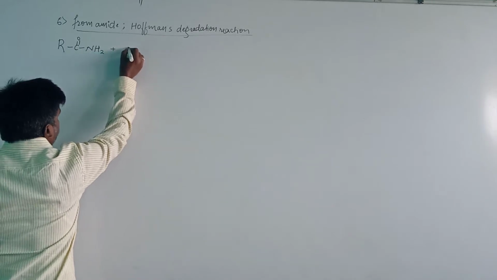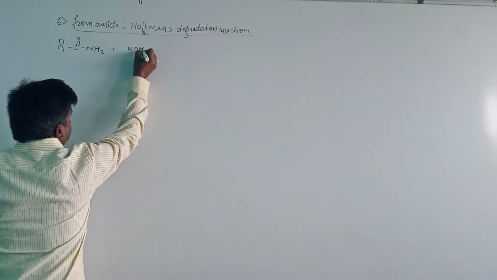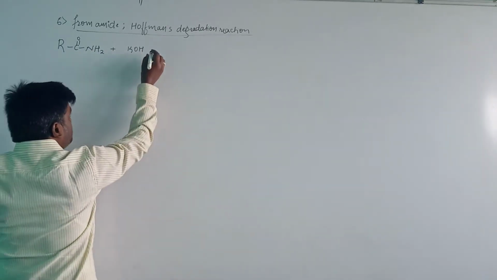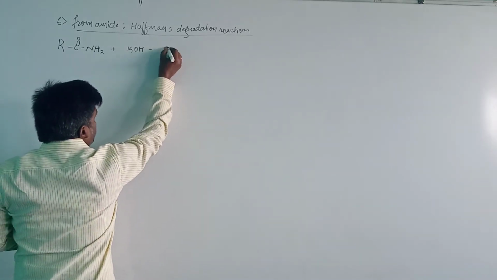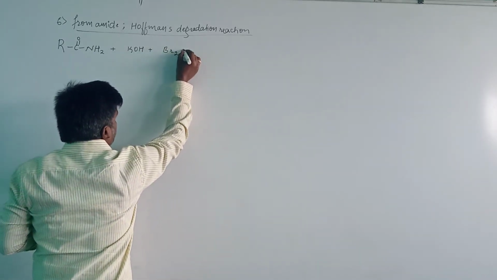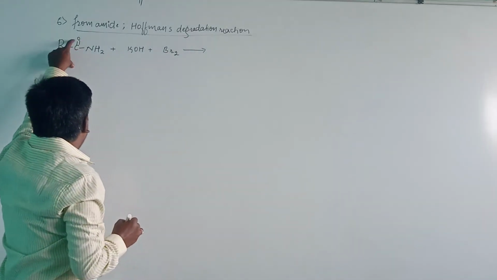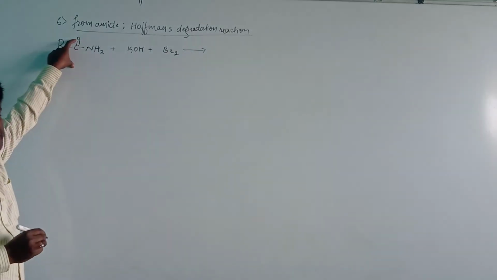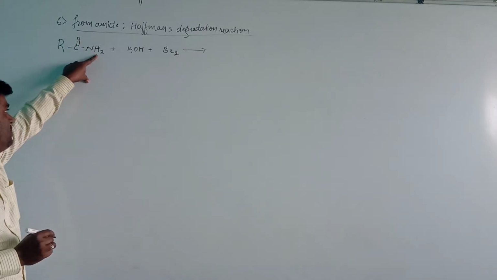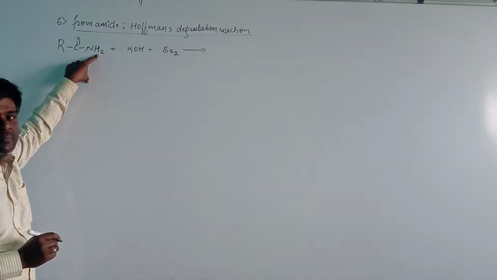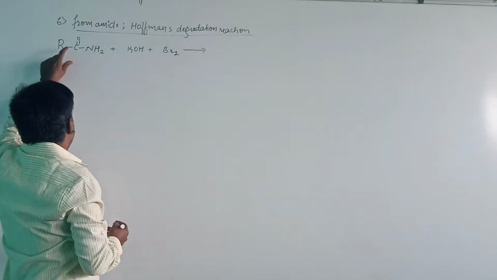It reacts with the alkali solution, that is potassium hydroxide and bromine, and gives the compound called a primary amine. This CO group will get converted into the carbonate, and one of the hydrogens will combine with the bromine. Then it gives hydrogen bromide.